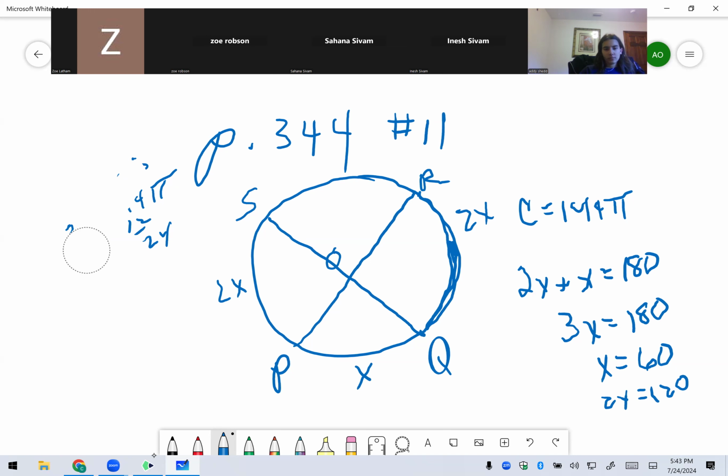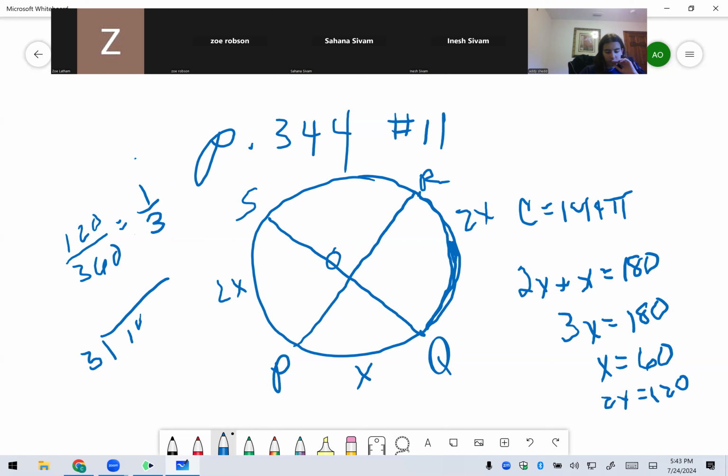Because 120 is actually 1/3 of the circumference. So 3 into 144 pi, the answer would be 48 pi, which is B.